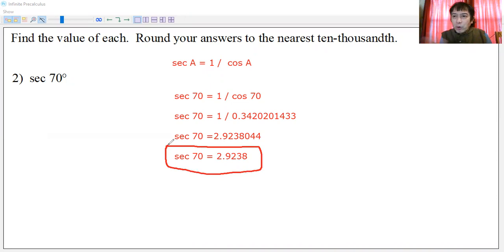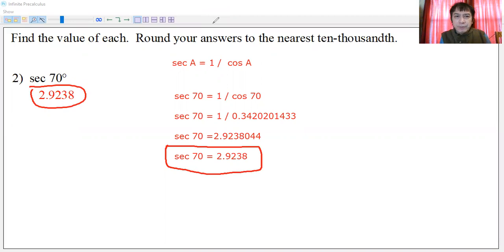Cotangent and tangent may have values less than, more than, or exactly 1, because that's the nature of the ratio of the legs. It can be more than 1 or less than 1. So this goes to our number 2, and here's 2.9238. There is the answer.